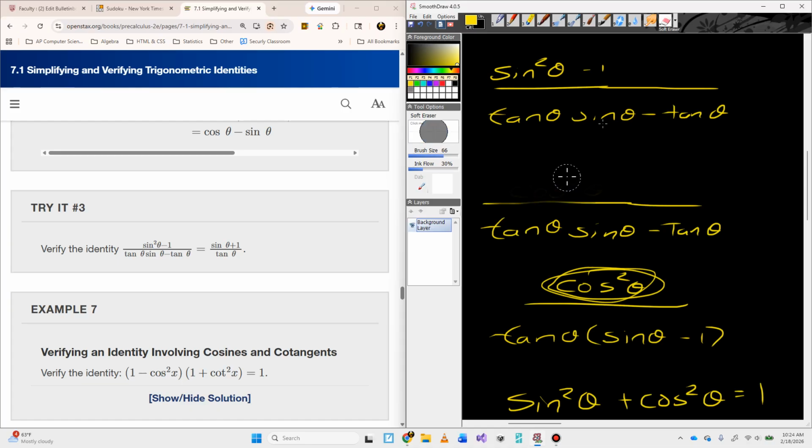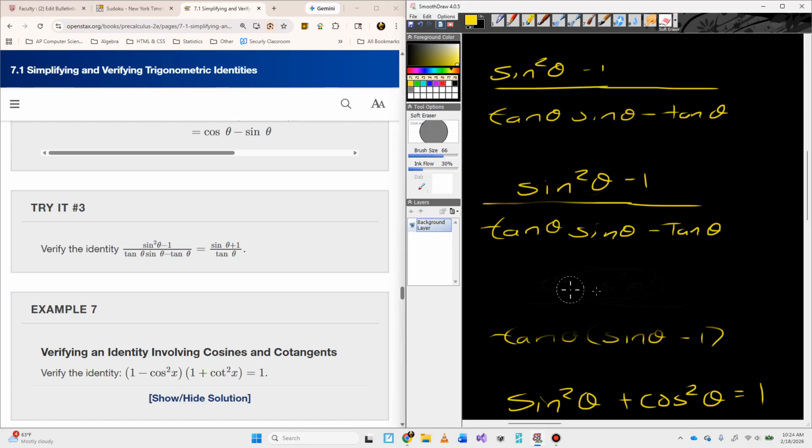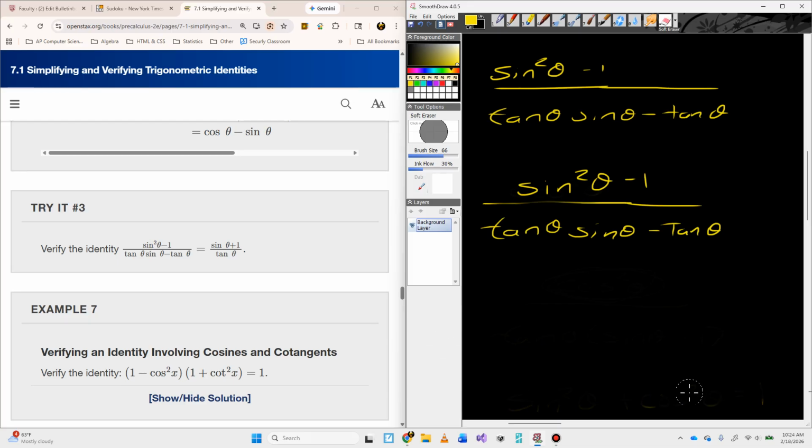It's not cosine theta. Let me just rewrite it: sine squared theta minus 1. Well, interestingly enough, and as I said before, you can always think about difference of squares in these, and that is a difference of squares.